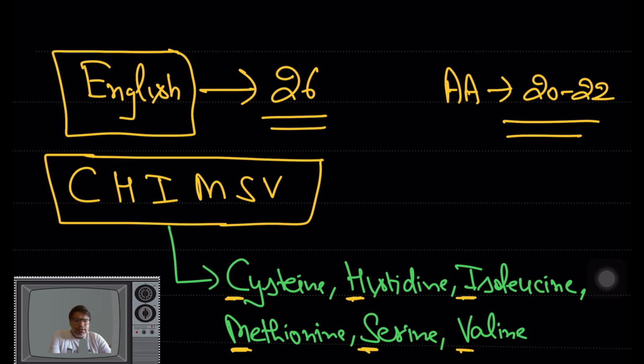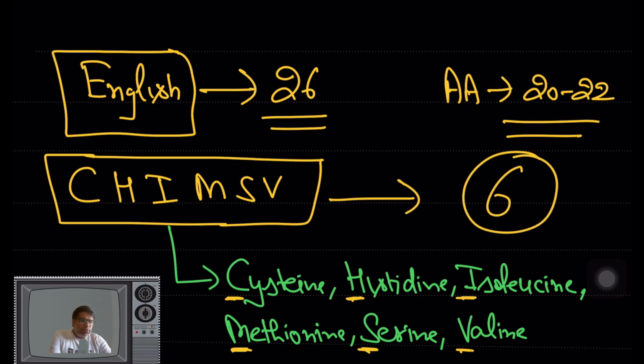No confusion. Okay. So now here, only 6 amino acids out of these 22 have a unique name which starts with a unique alphabet, and that unique alphabet has been assigned. No ambiguity.